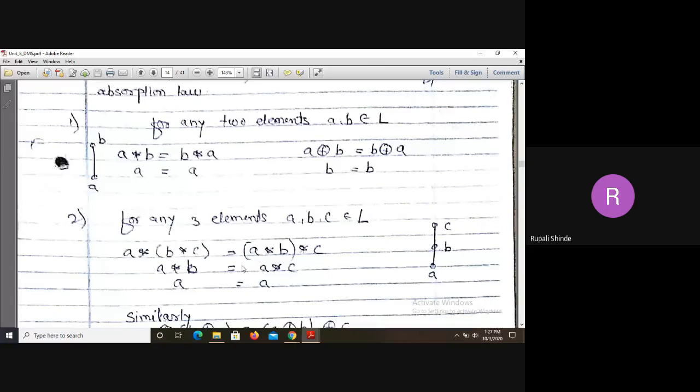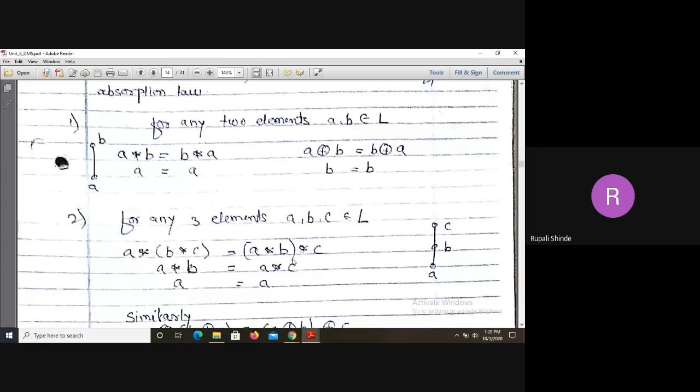First, consider meet operation. A star (B star C) is LHS, and RHS we can take in bracket (A star B) star C. Every time, first of all, we have to solve the bracket. So B star C, greatest lower bound of B and C, is B. Now we take A star B, greatest lower bound of A and B, it is A. Now move towards the RHS.